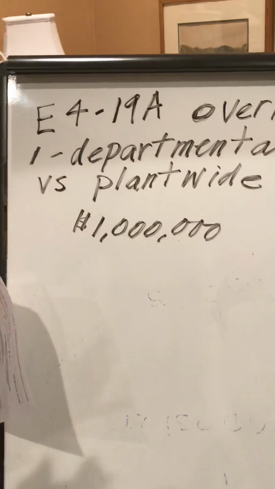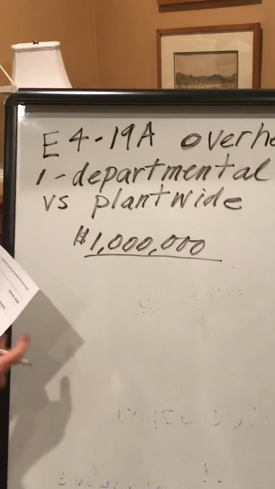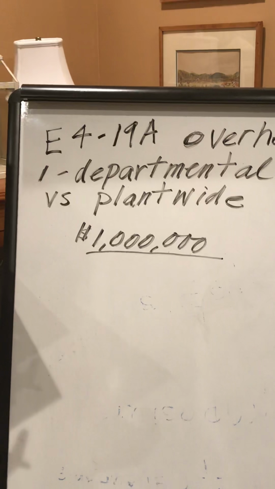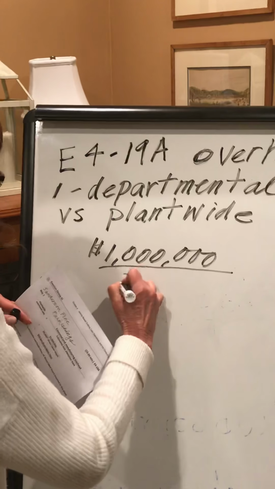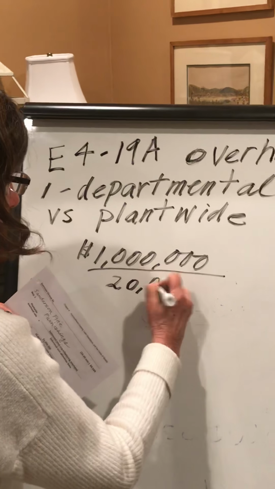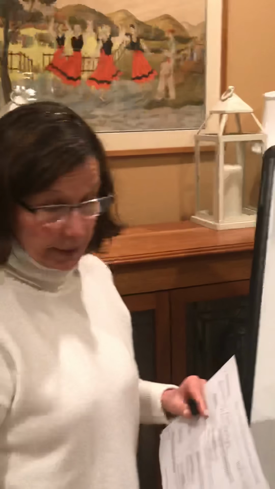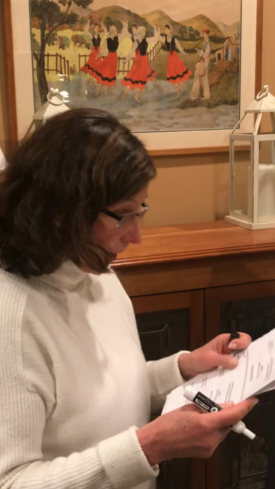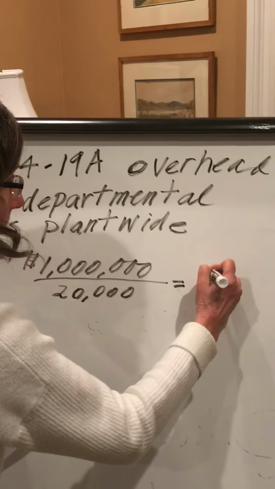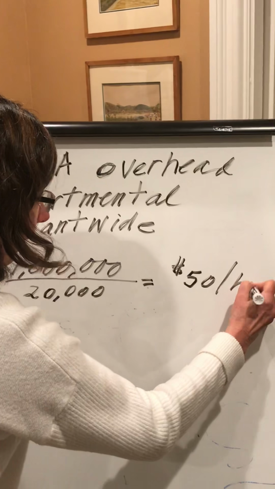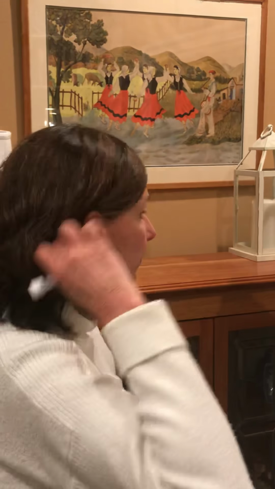And remember, this is the beginning of the year, the budget, that's what they expect. And they also expect that they will have 20,000 hours of direct labor. So, if they use direct labor to allocate their overhead, it would be $50 an hour. And by the way, this is exactly what we did last chapter.